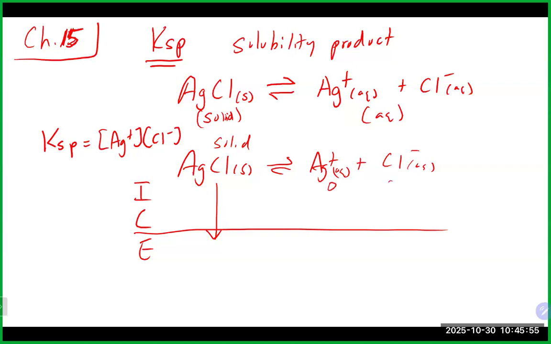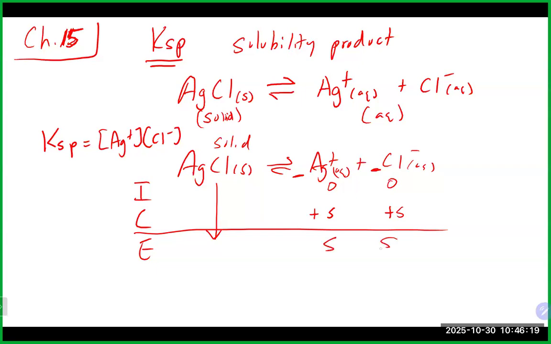We do start with zeros. And as we talked about last time, oftentimes with these tables, we use a different letter for the change. You really could still use X if you like, but a lot of times people will use S in this case. So this would be plus S and plus S. Again, if we did have coefficients there, you would need to include those as well.